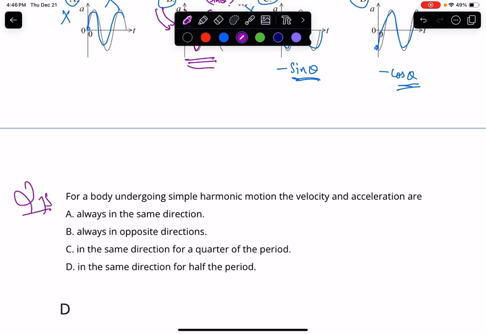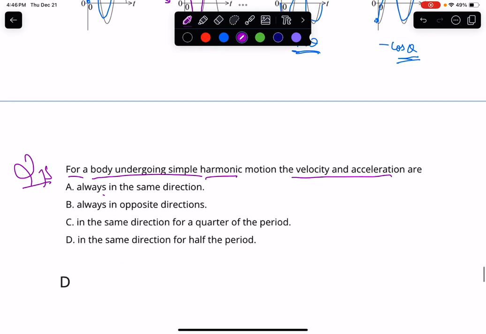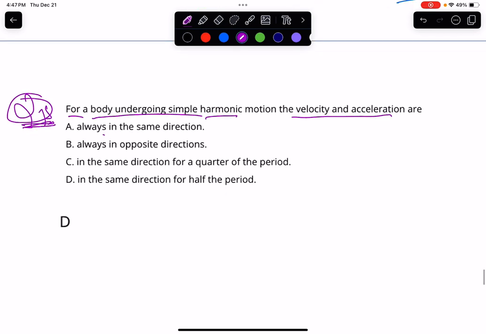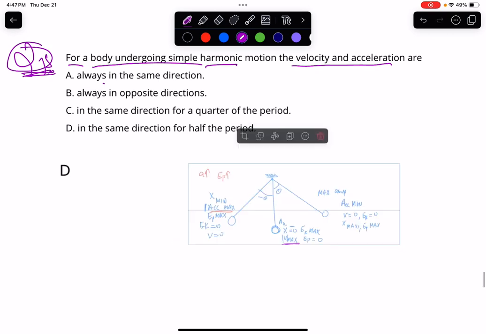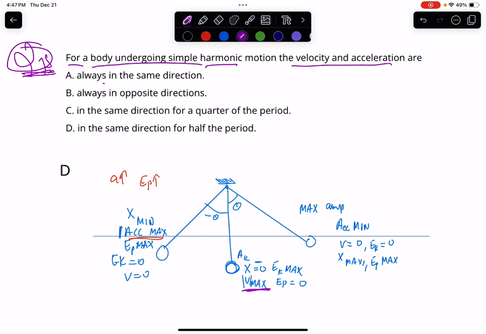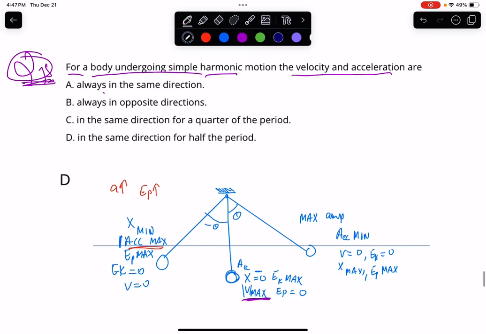For a body undergoing simple harmonic motion, the velocity and the acceleration, in this case, as you can see, this question is exactly the same as what we did in one of our previous questions. So we can once again just graph it using our SHM. We can visualize it using our simple pendulum.